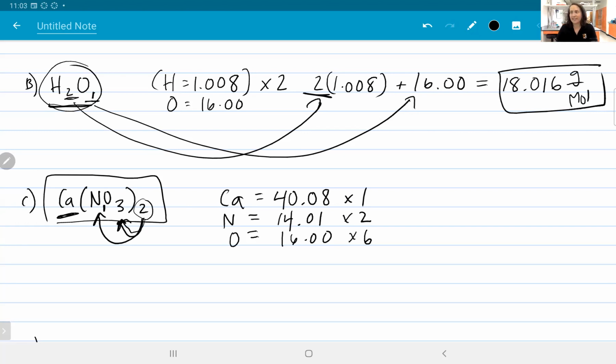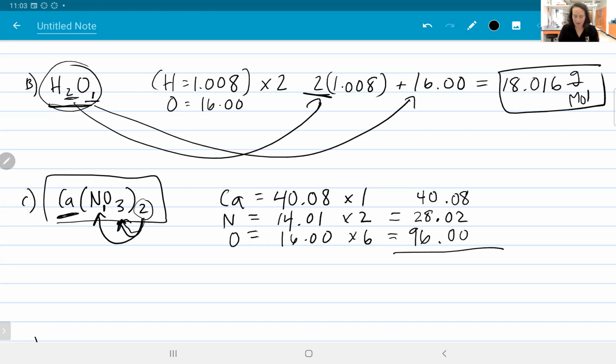For this one, it's not as easy mental math for me. I'm going to grab my calculator, or I guess my cell phone, and pull up my calculator function and sum all this up. 16 times 6 is 96. 14.01 times 2 is 28.02, and this is 40.08 still.